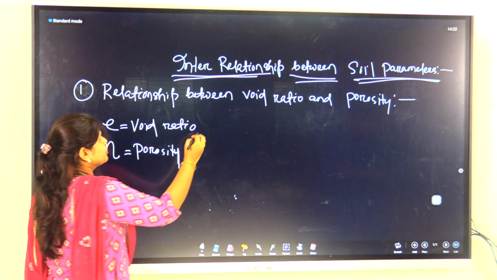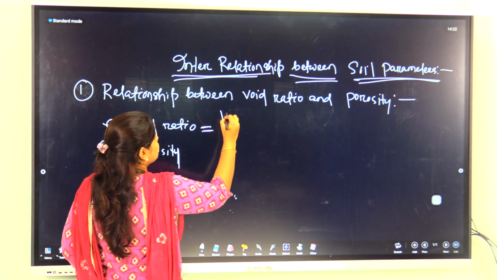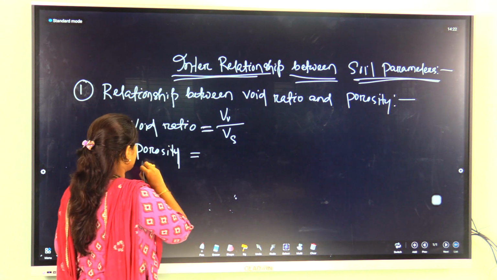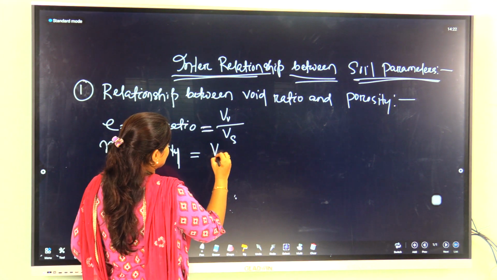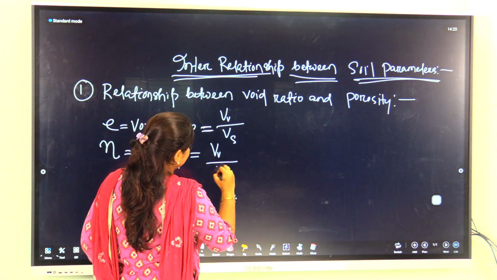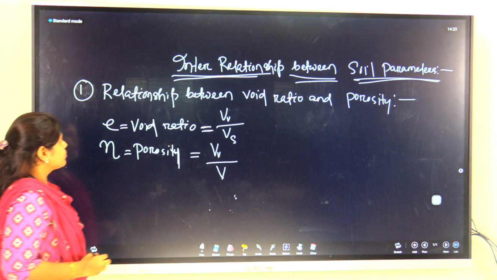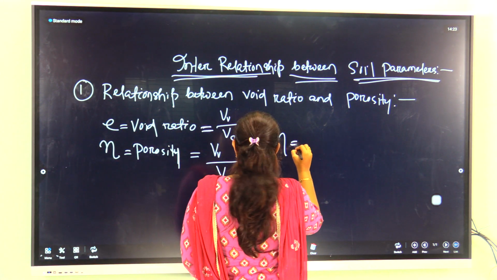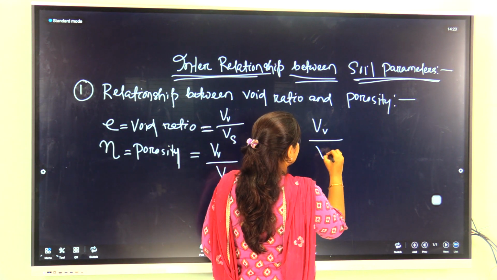So, we know that the value of e is volume of void upon volume of solid, and porosity is volume of void upon total volume. So, eta equals volume of void upon total volume.